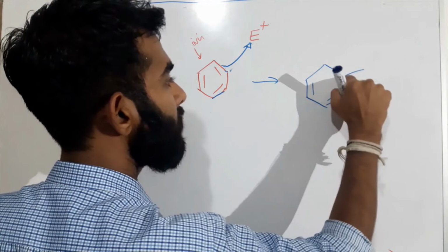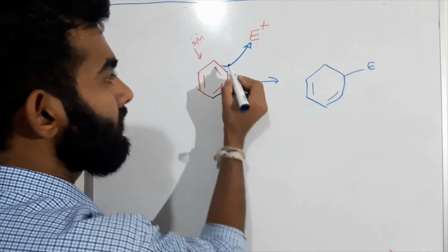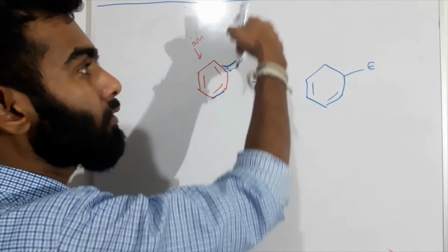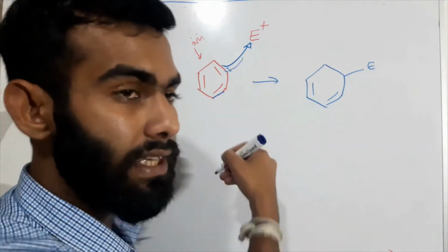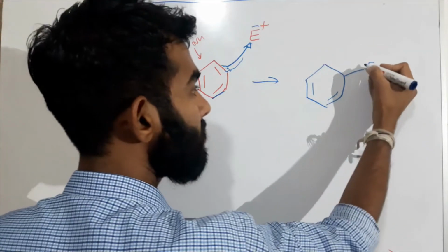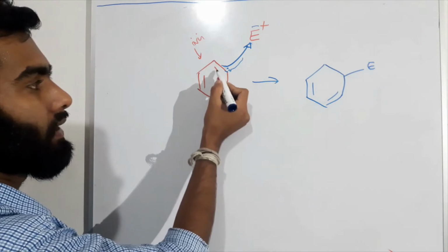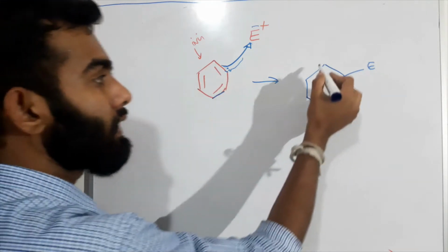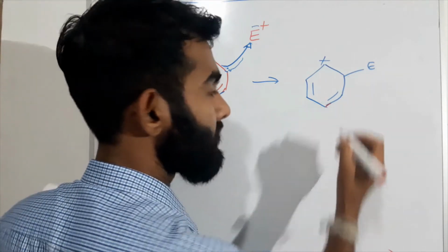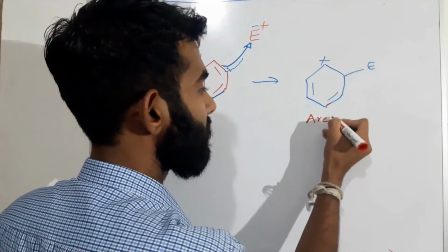It will form a bond to the electrophile, and here this carbon donates its electrons to this electrophile. The electrophile gets electrons, meaning it gets a negative charge, and the negative and positive charges cancel out, and it is neutralized. On the other hand, the upper carbon loses a pi bond, so it will get a positive charge. So this positively charged ion is a carbocation. It is known as the arenium ion.